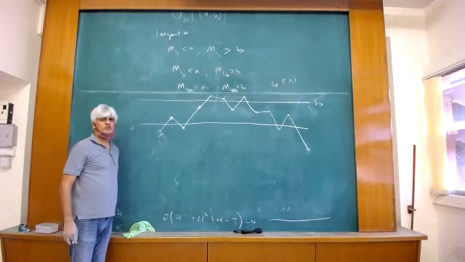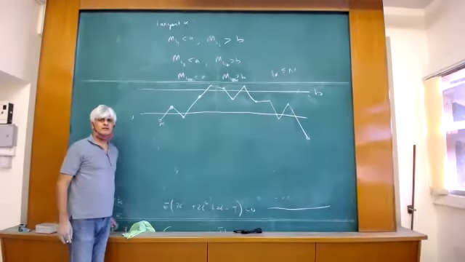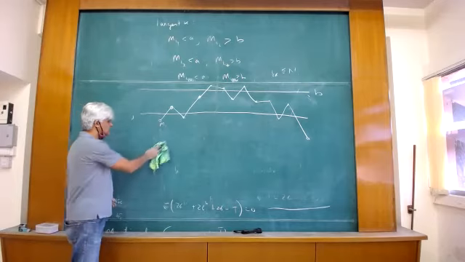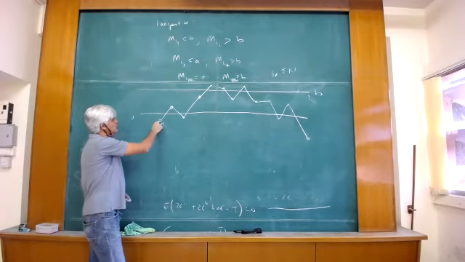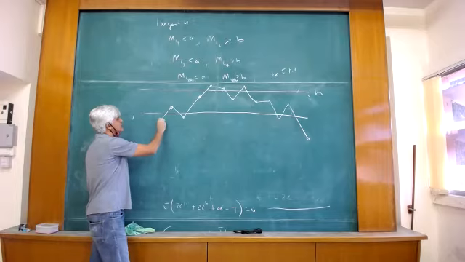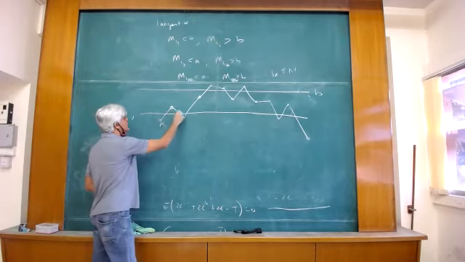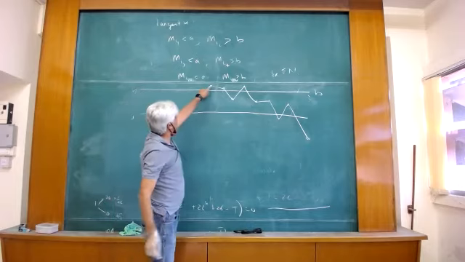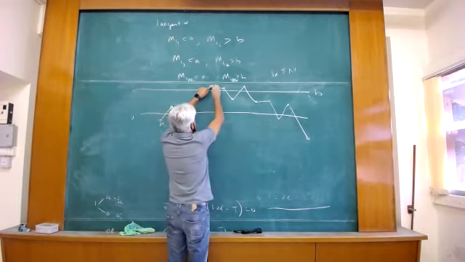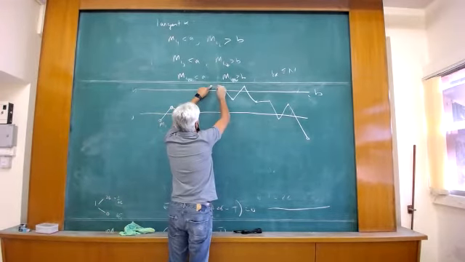So I'm going to create a new martingale. Whenever I'm below A, I will count the value until I cross B. Once I cross B, I stop counting these things. I make them dashed lines.